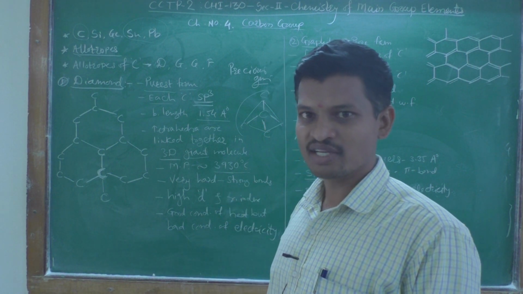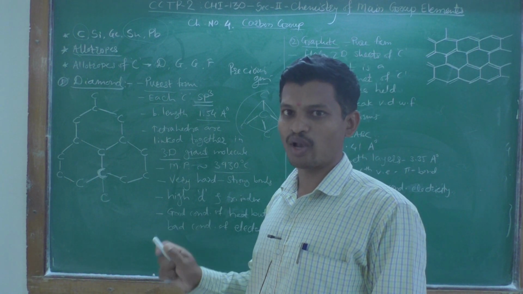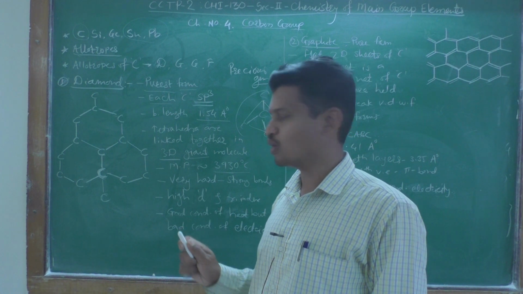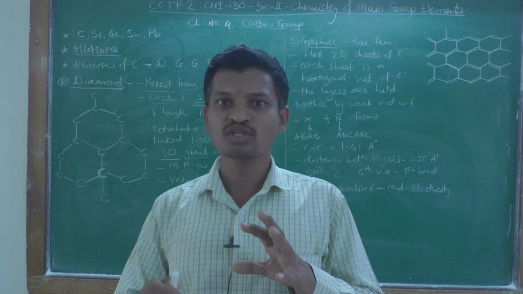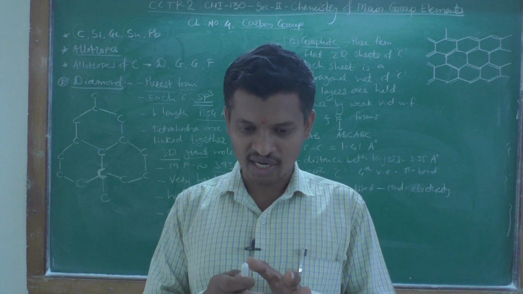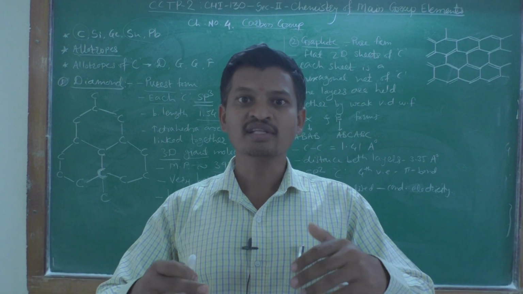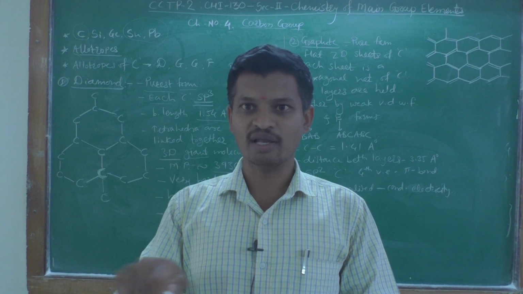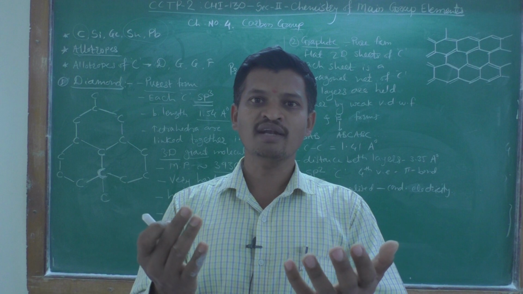Why is it so? What is the reason? Because all bonds are single sigma covalent bonds, and all these bonds are strong covalent bonds. These bonds form a tetrahedron, and all these tetrahedra are extended in a three-dimensional manner, in all possible x, y, z directions of the coordinate axes, forming a giant molecule.